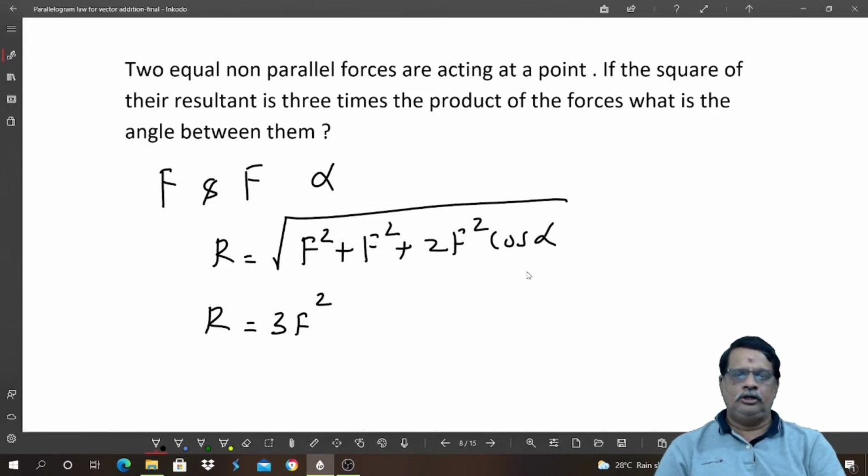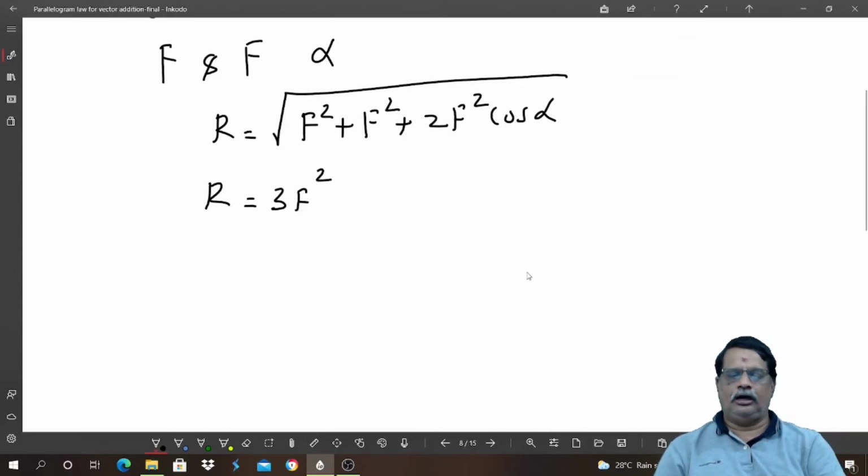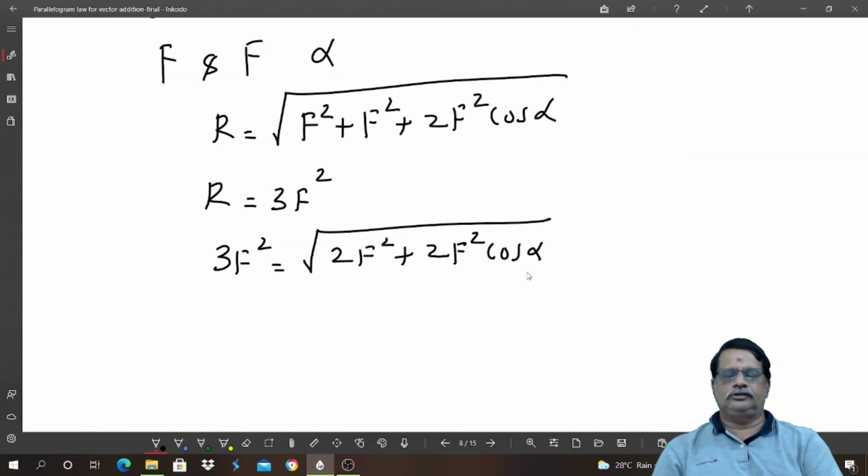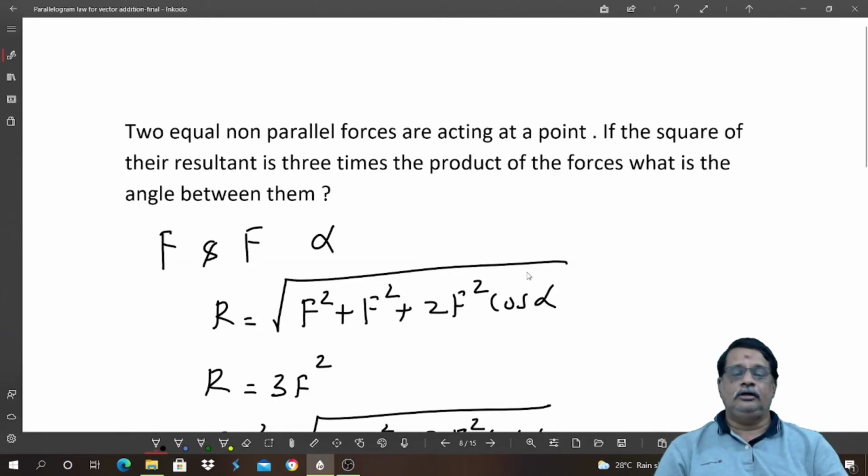According to the problem, the resultant has a magnitude which is equal to 3 times the product of the forces. So let us substitute that here. R equal to 3F square equal to root of F square plus F square is 2F square, plus 2F square cos alpha. What is the resultant?